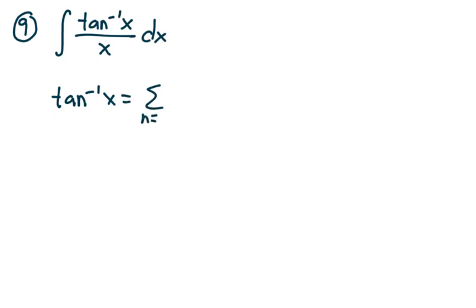On number 9, we want to integrate arctangent x divided by x dx. And we want to do this as a power series. Now, arctangent x is the summation from n equals 0 to infinity of x to the 2n plus 1. Well, let me put in that alternating part first. We get negative 1 to the n x to the 2n plus 1 divided by 2n plus 1. Okay?